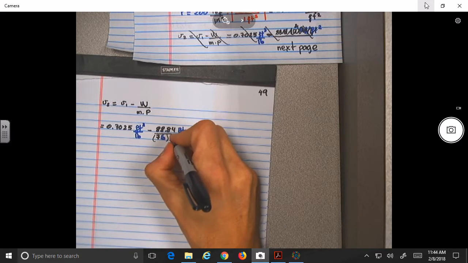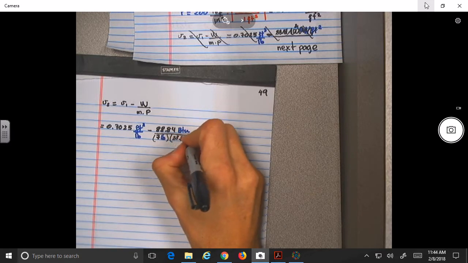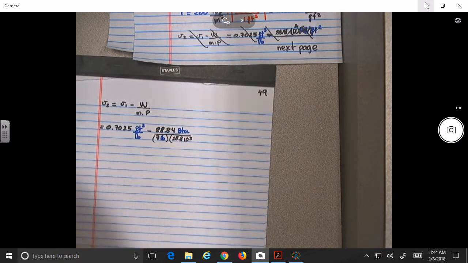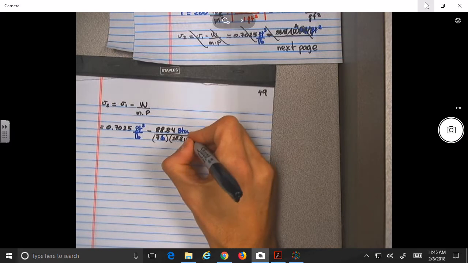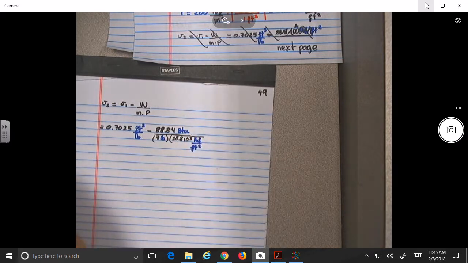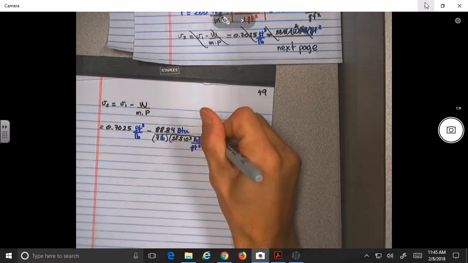The 28.8 10 to the 3 lbf per foot square. But what do we need to do with the BTUs?